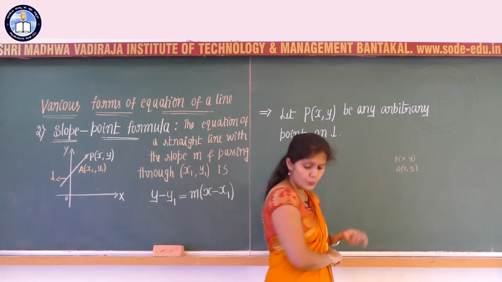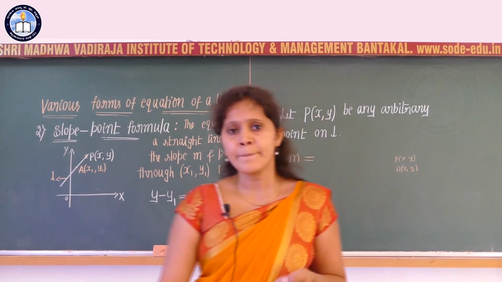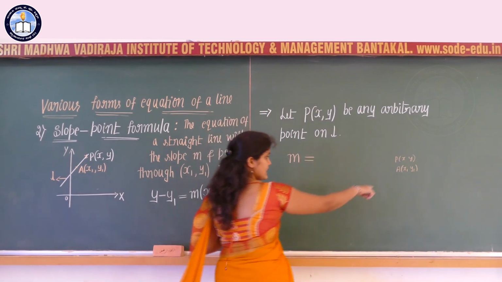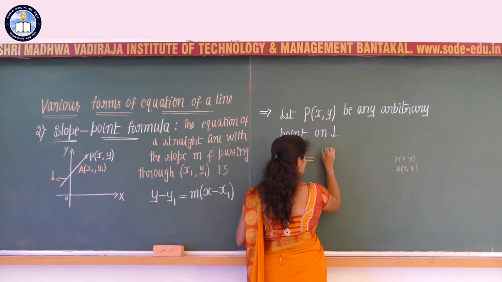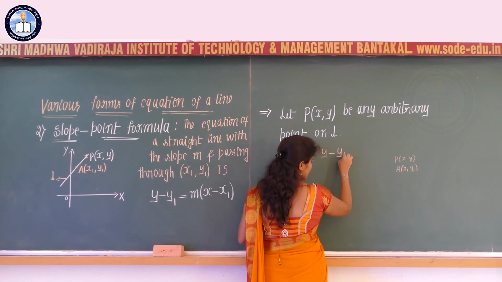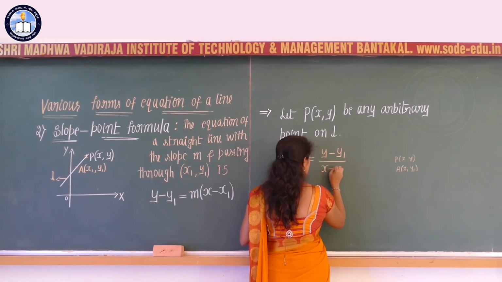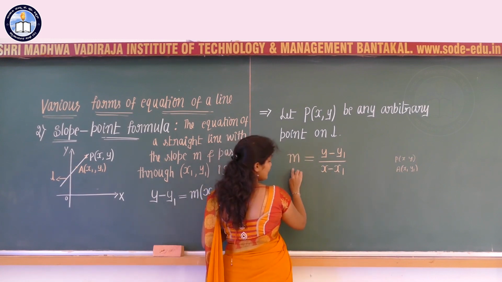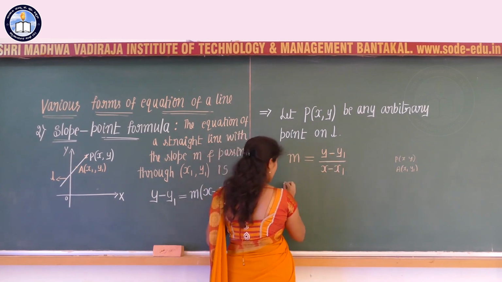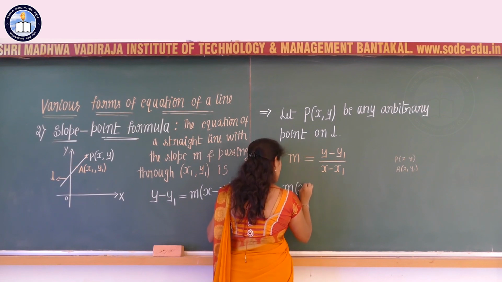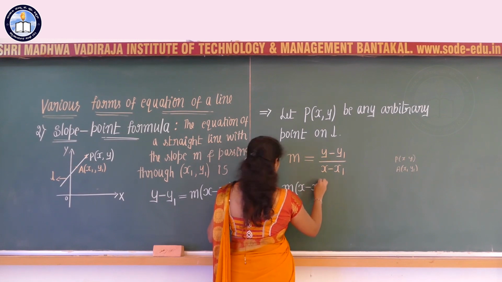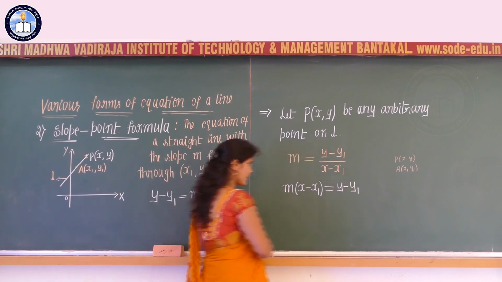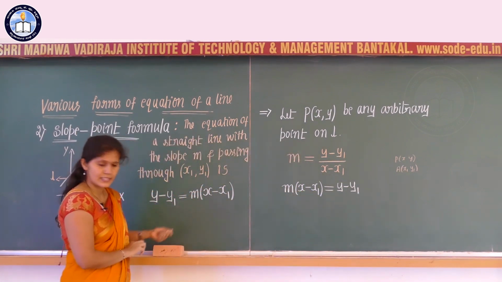In this case I can write it as y minus y1 divided by x minus x1 is equal to m, or m into x minus x1 is equal to y minus y1, that is nothing but our required result.